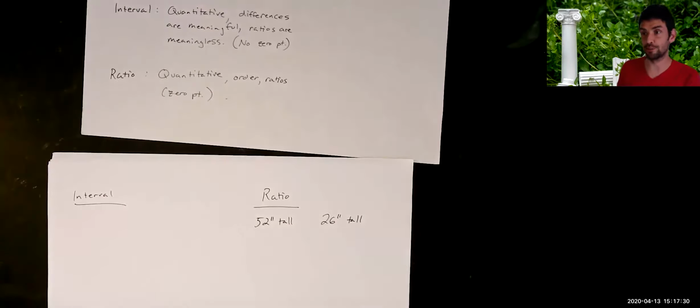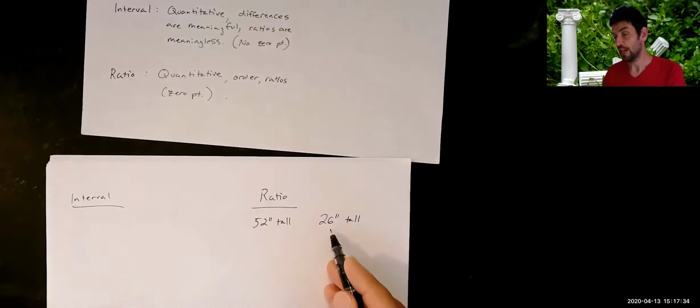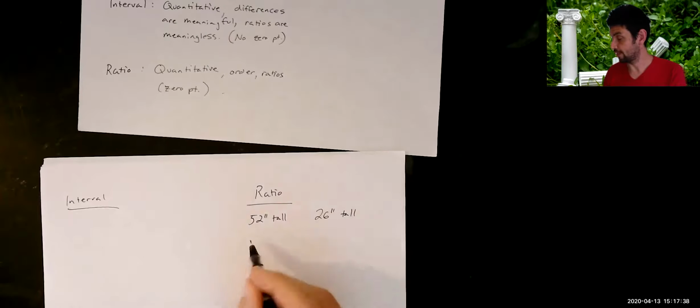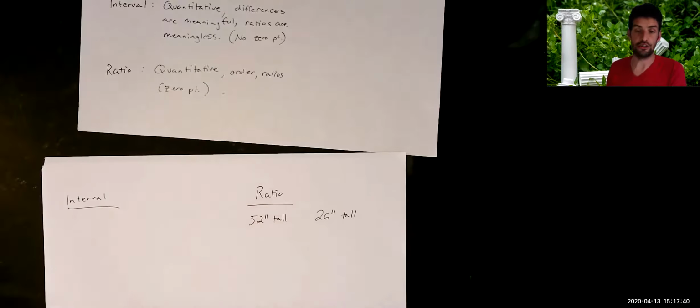That's a sensible ratio, right? This is related to the idea of a 0 point in the sense that 0 inches tall, there's no height. There's an actual thing that there's none of, right? When the 0 point actually means there's none of something, then it does actually make sense to have ratios.